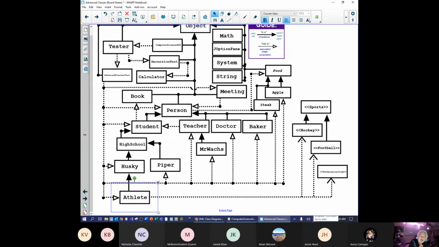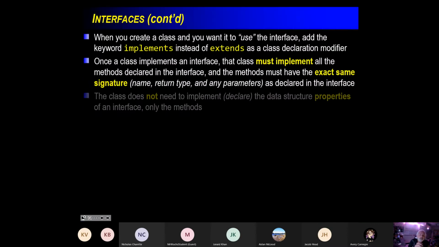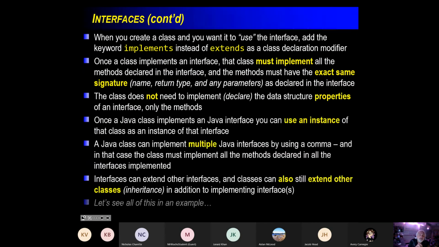Now, what's interesting about this is something that you can do with interfaces that you can't do with classes. And I want to point that out in one of the slides I showed you guys. Once a class implements an interface, it must implement all the methods. That's like abstract classes.